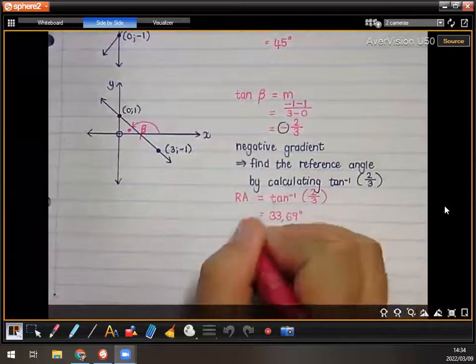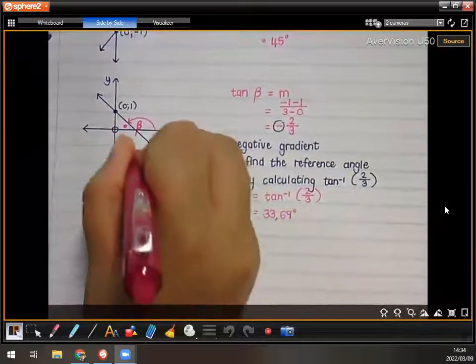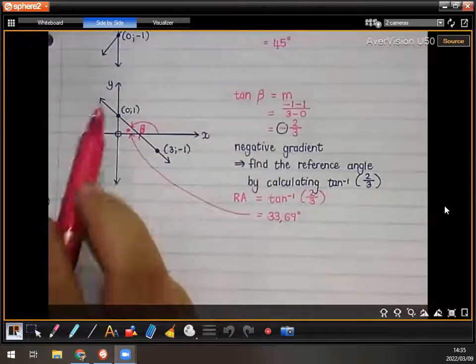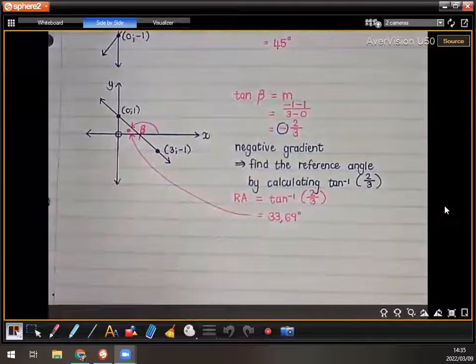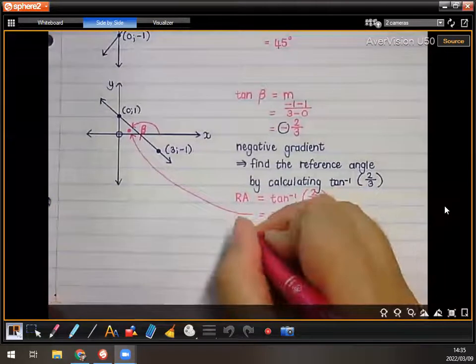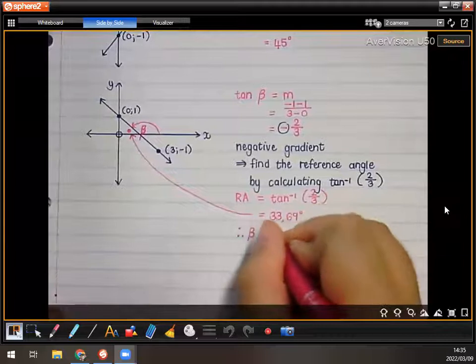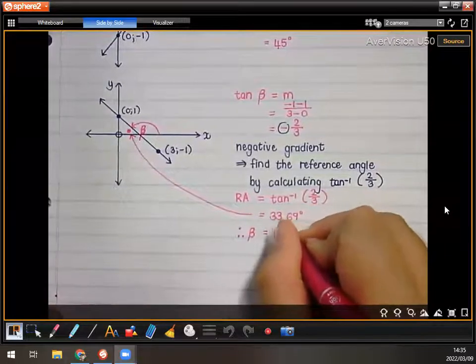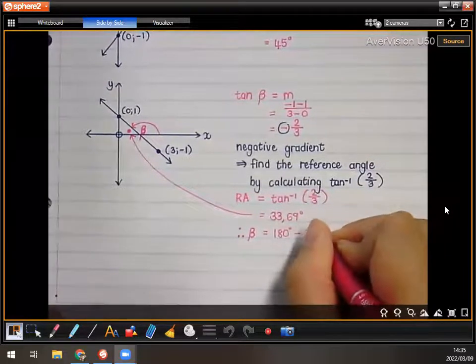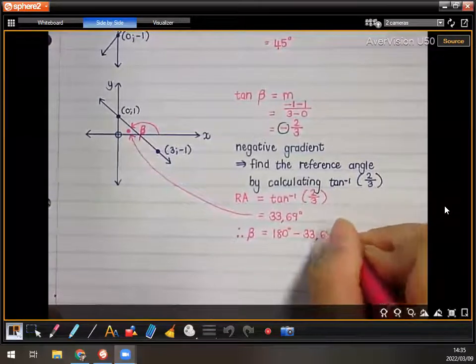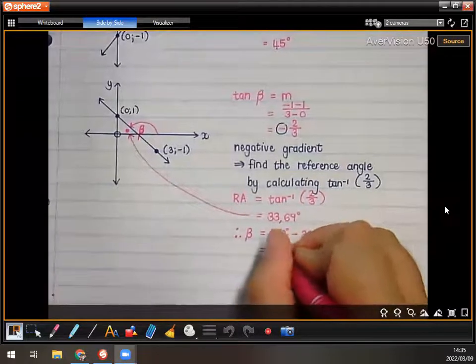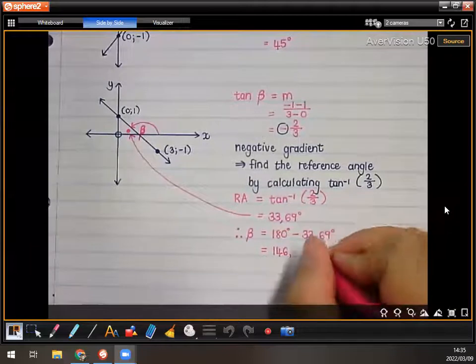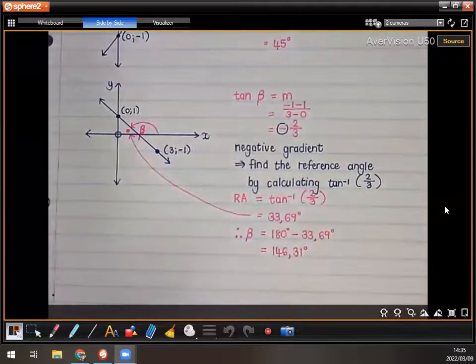So I'll just make an arrow going here. And that's why, what was I doing to get beta? 180 minus, good. So therefore, beta is equal to 180 minus 33,69 degrees. And the answer is, I'm going to trust myself to even work that out, 146,31 degrees.